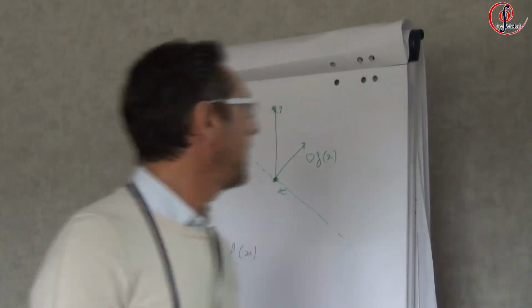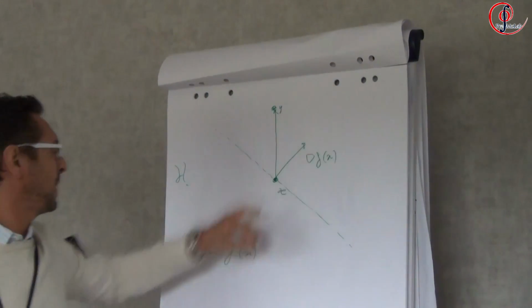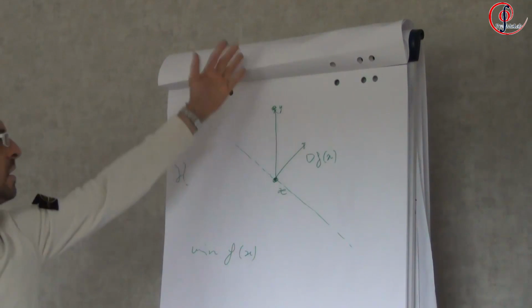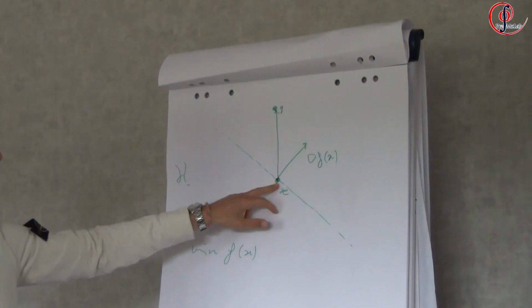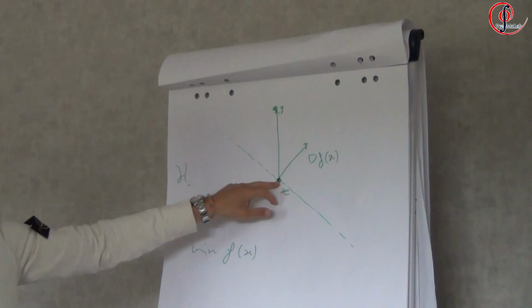Because all points in this half space will give us values that are no smaller than the value that we already have here.